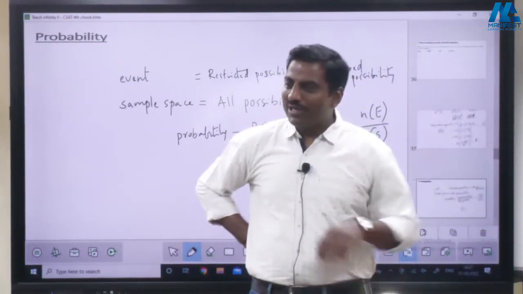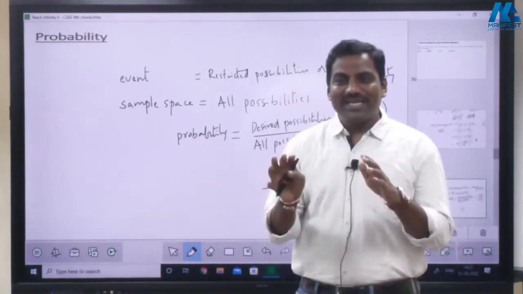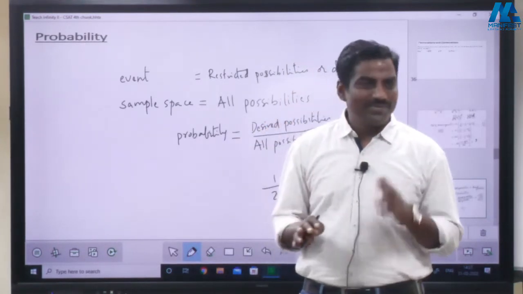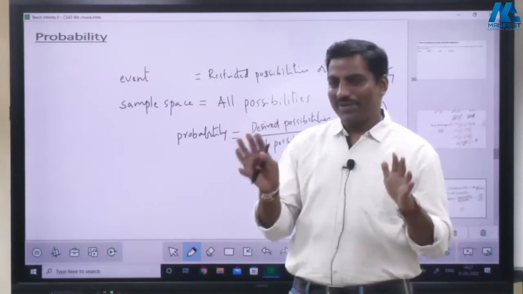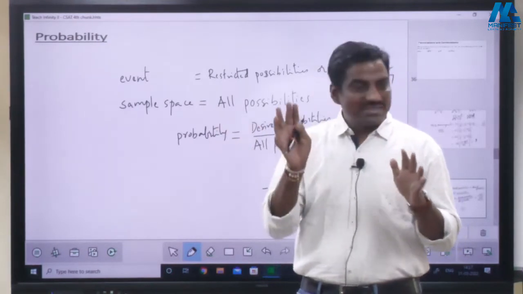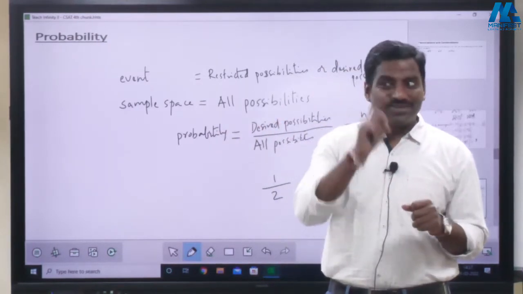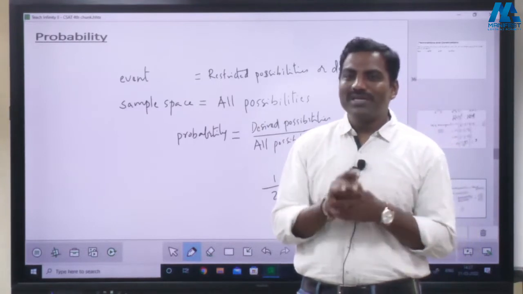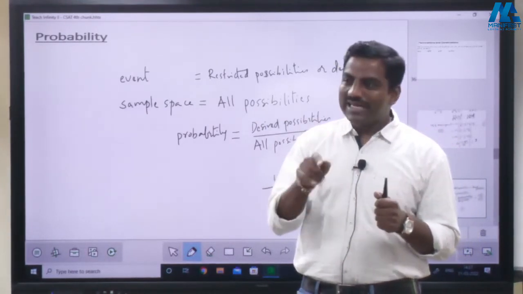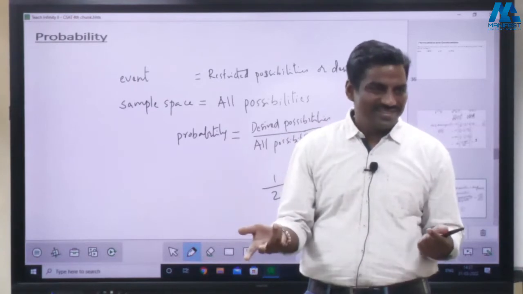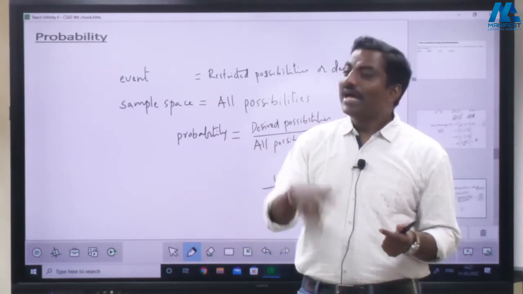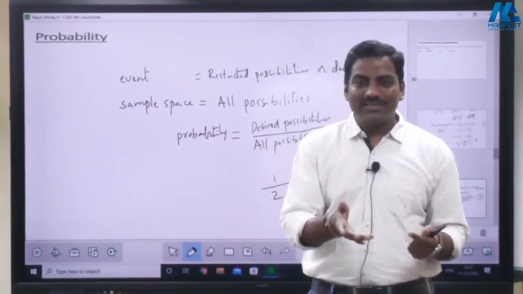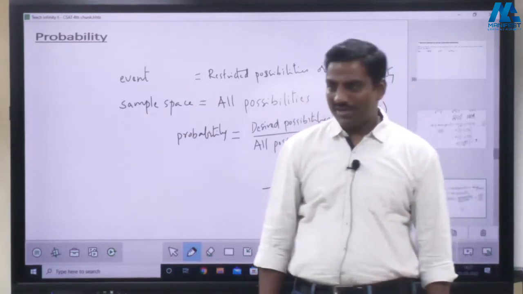If not gone, it will come. So basically, he doesn't want to disappoint you. He wants to pacify you. It must have gone, but if it has not gone, it will come. So the possibility is what? One. Either you will get a bus or you don't get a bus. So here, either you get heads or tails, but one event will happen for sure.